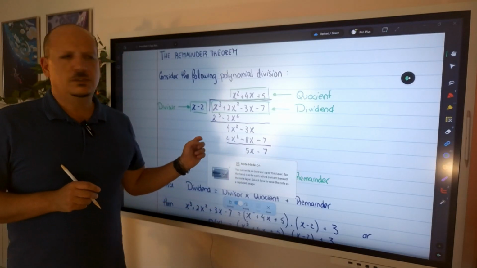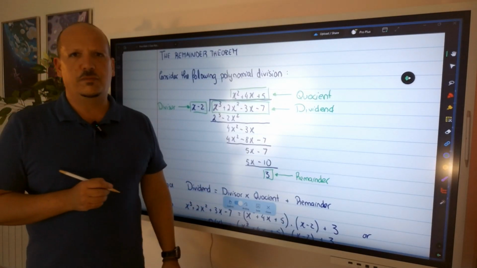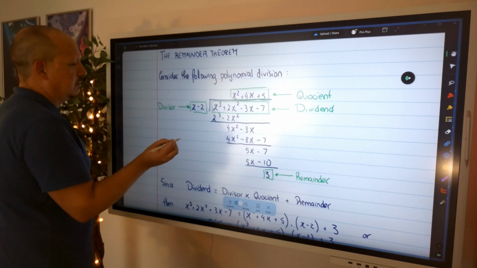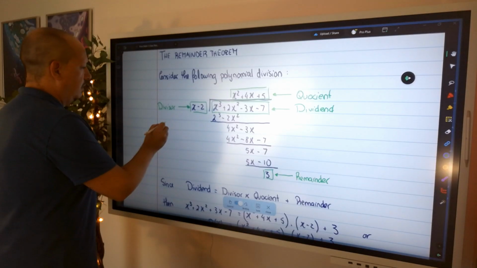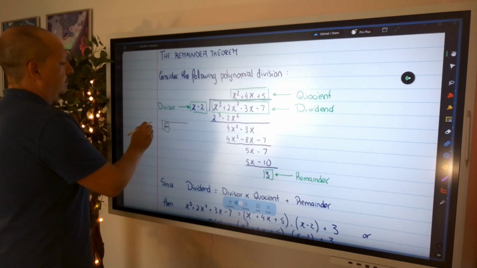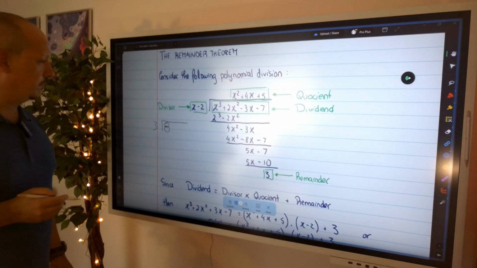Let's look into something that may seem obvious to you. If you have, for example, this division, you want to divide 8 by 3.